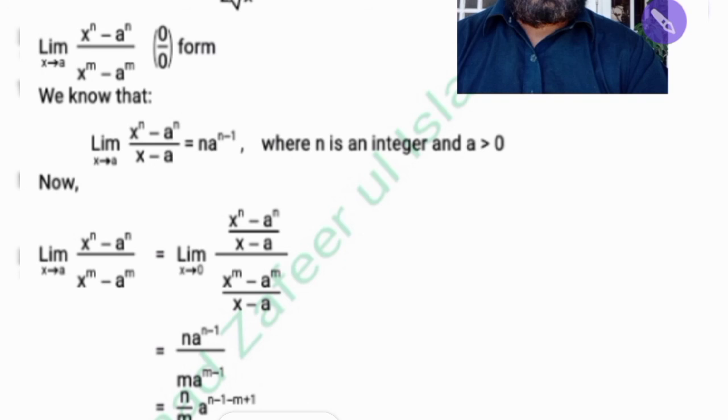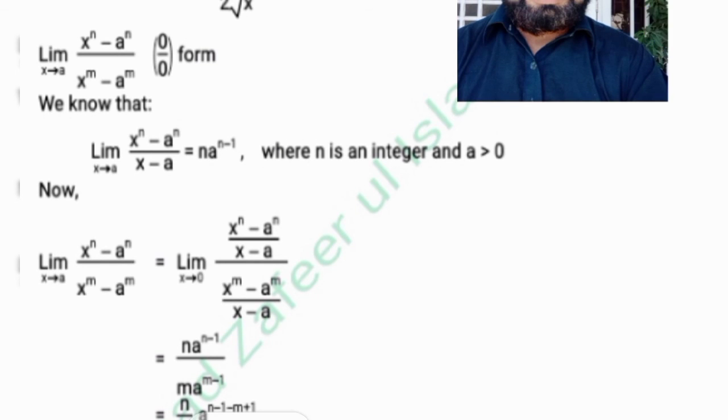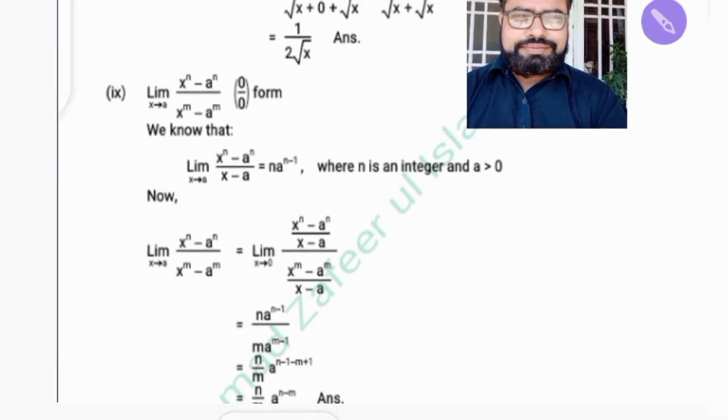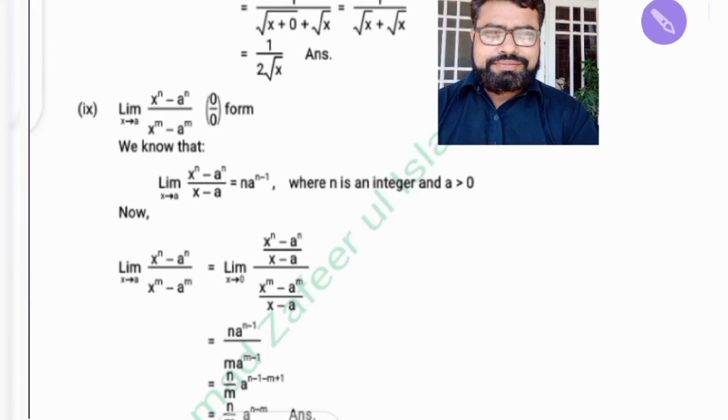We have divided numerator and denominator by x minus a here. Why have we divided? Because we want to apply the formula.